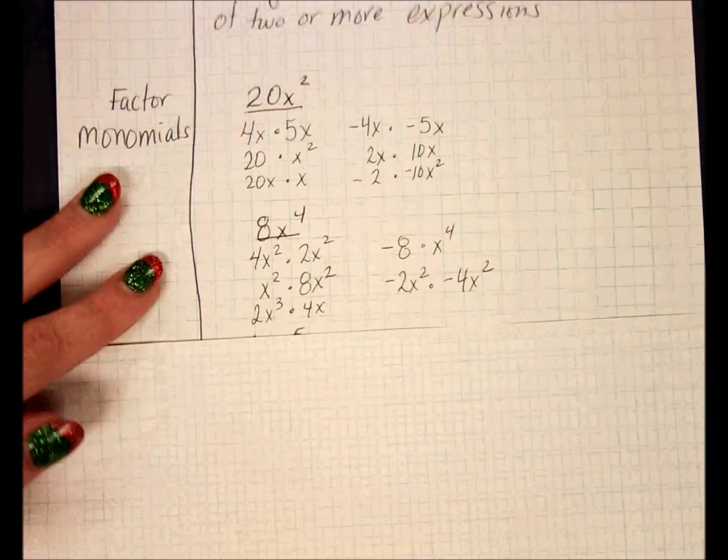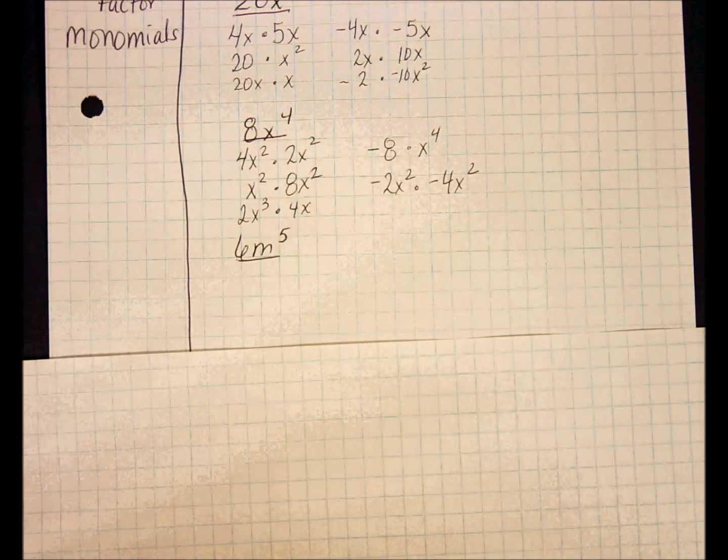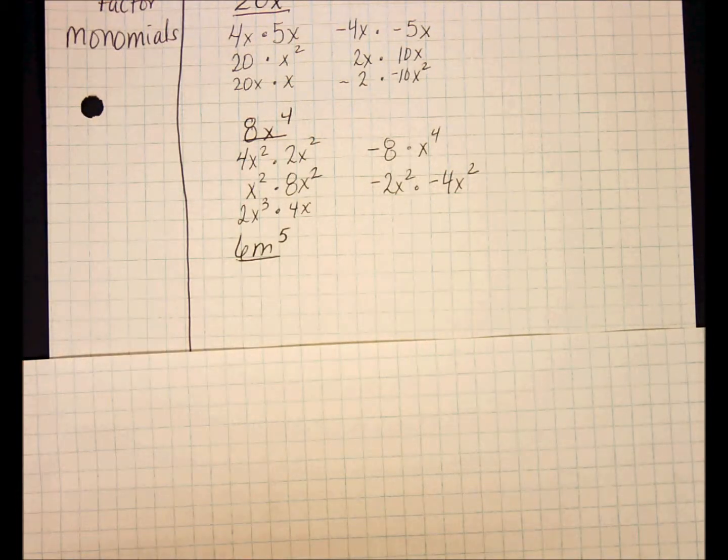The next one, go ahead and pause it again and see if you can come up with a couple on your own. Okay, now that you're back, let's think about that. As long as your answers multiply together to make 6m to the fifth power, they should be correct.